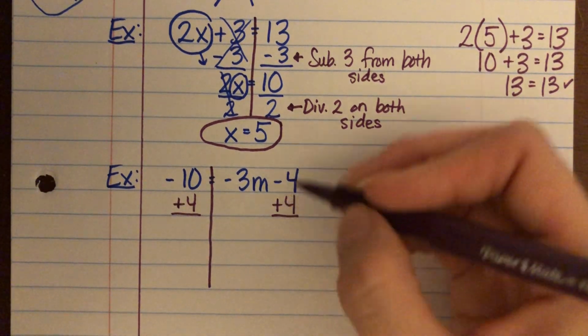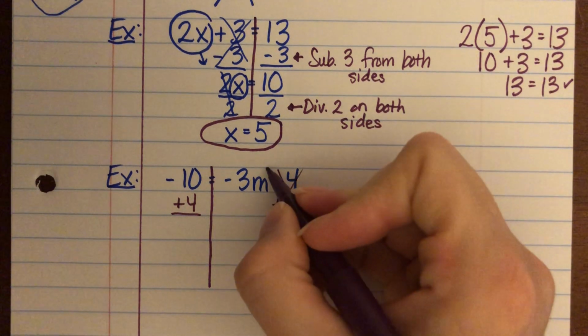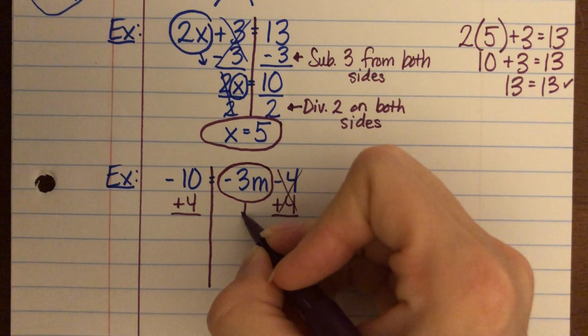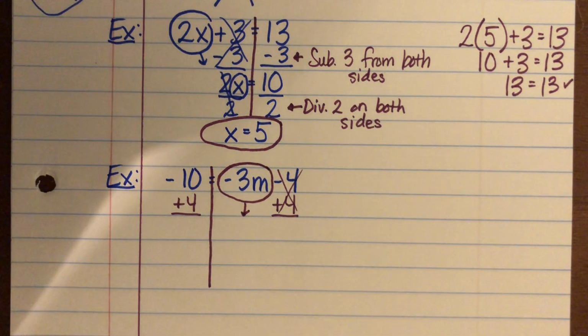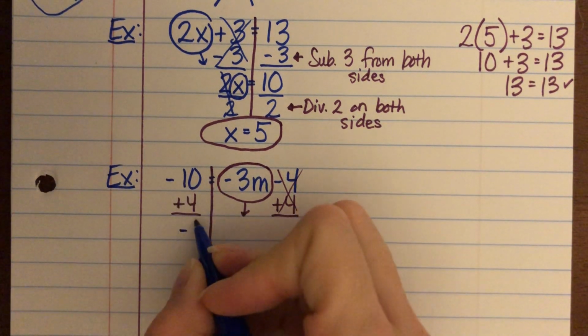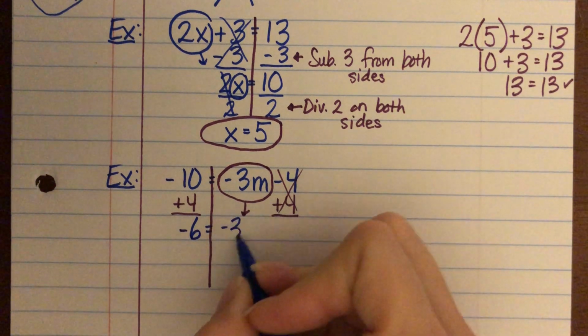Now, -4 plus 4, that cancels out, so I'm going to exit out. And what I'm left with is -3m, so I'm going to bring that down. Now, -10 plus 4 is -6, and I'm bringing down my -3m.